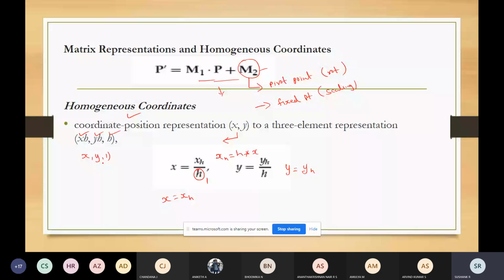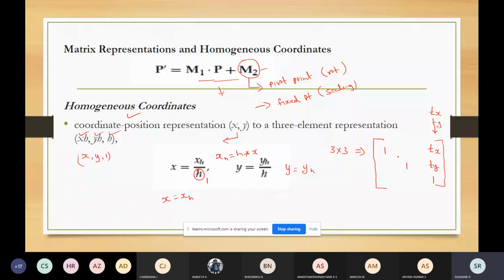Now the same equation, the 2-point representation, can be converted into a 3 cross 3 matrix, where the third column will contain the translation values tx, ty. The diagonal will take the values 1, and the third column contains the translation values tx, ty.